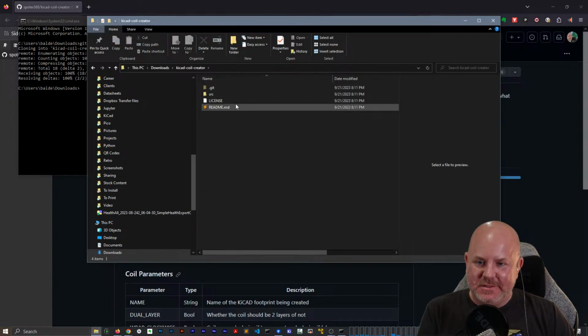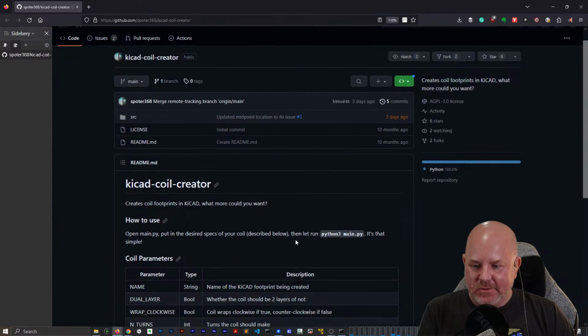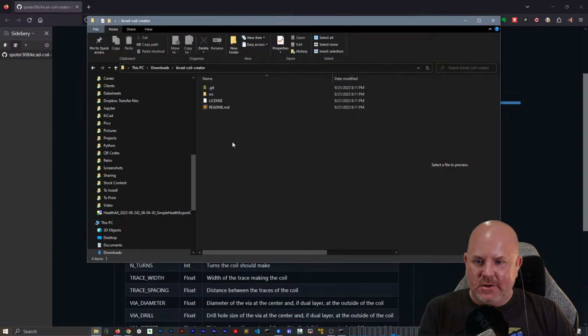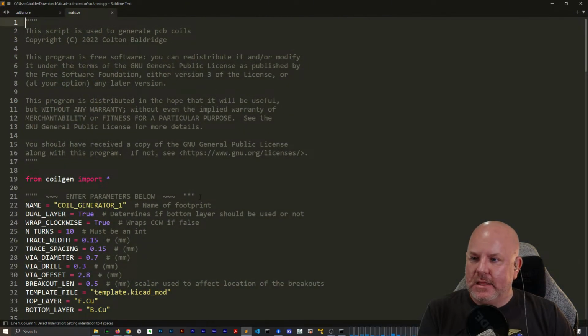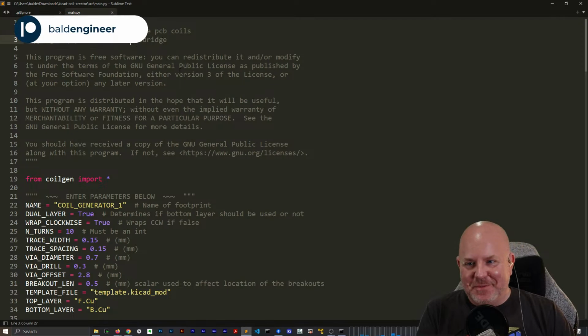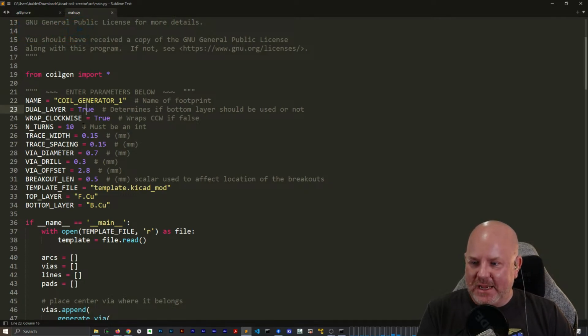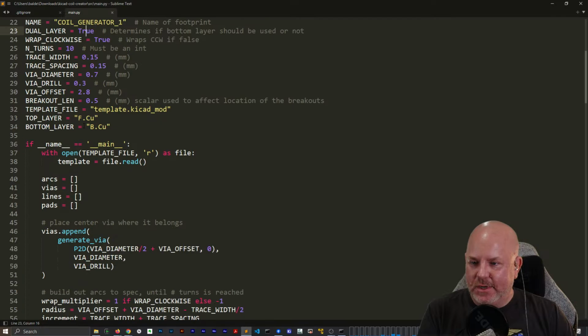I really want to. Okay, so how does this thing work? So how to use: open main.py. All right, so if we go look at main.py, to generate PCB coils from Colton Baldridge. I mean, that's a great name. So name of the footprint, determine if the, okay, so, oh my gosh, this is almost exactly what I wanted.